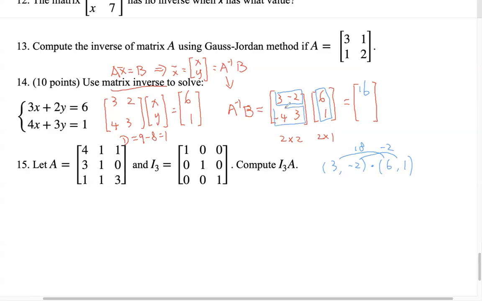The second one comes from negative 4, 3 dot product with 6, 1: negative 4 times 6, negative 24, plus 3, negative 21. And that's it.